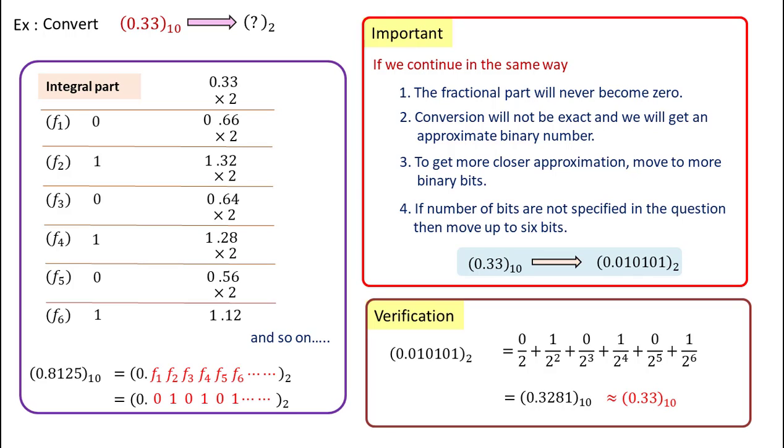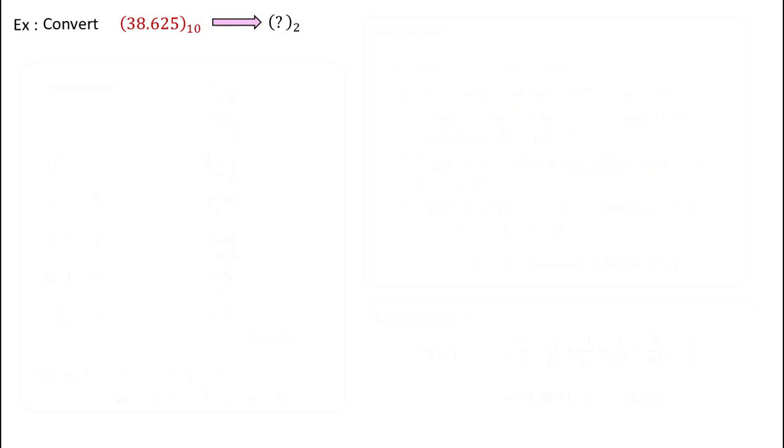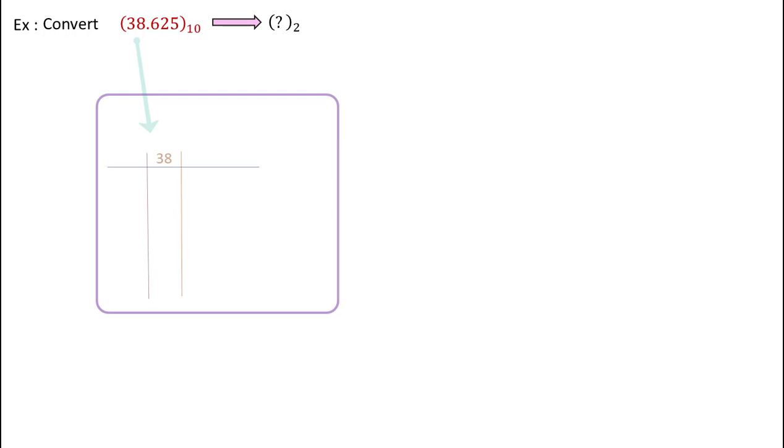Now we will discuss the next example. Here we have a mixed decimal number. 38 is the integral part and 6 to 5 is the fractional part. First we convert the integral part into a corresponding binary number as we did in the previous example.